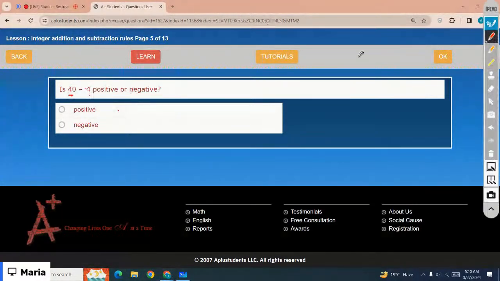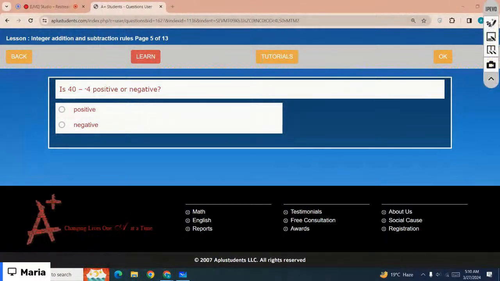The correct option is positive. Negative 6 minus negative 7, positive or negative? Positive it is. The correct option is positive.